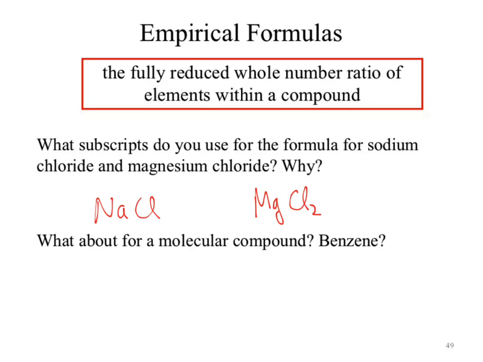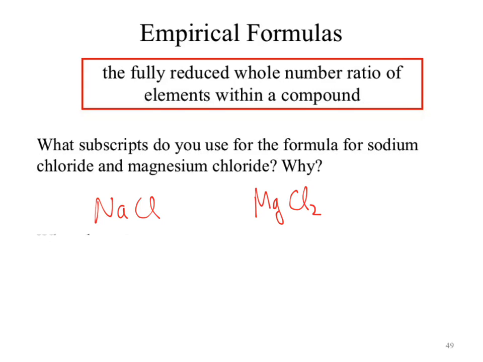Right? So what is that saying? Saying that when we look at the formula for sodium chloride, it is not written Na2Cl2. Why not? Because I can reduce that to just ones. It is not written Na20Cl20, because I can reduce it lower.